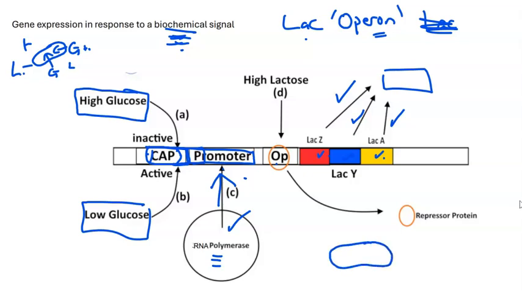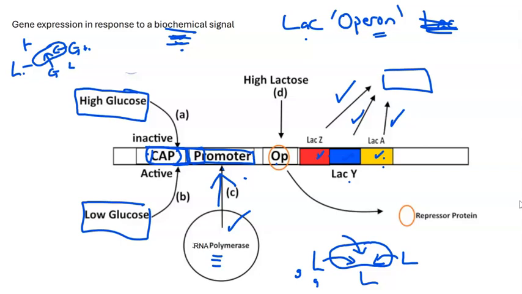If there's only low levels of glucose but large levels of lactose, then Y will have the lactose taken in, A will make sure that it's only lactose, and then the Z will bring about the enzyme to digest the lactose. So the bacteria can switch from either using glucose or lactose, but has a preference for glucose.